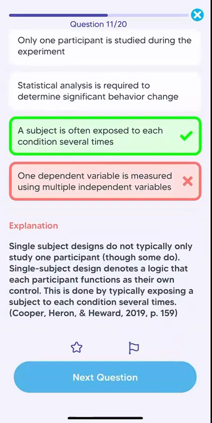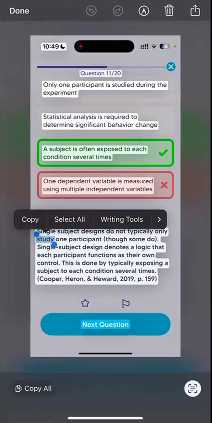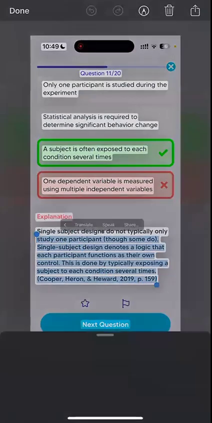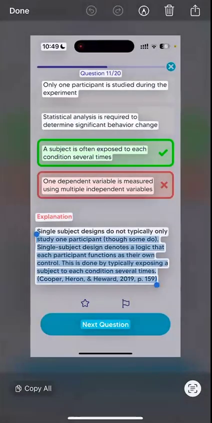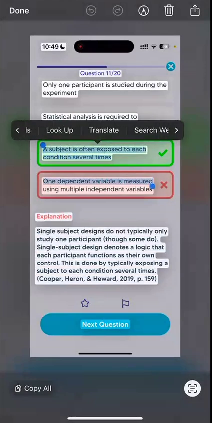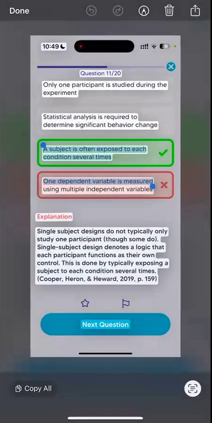Which one? A subject is often exposed to each condition several times. I can't understand the translation.